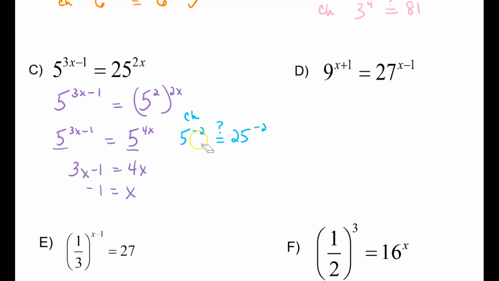Not negative 2. Negative 4. Thank you. So again, we would have 5 to the negative 4 on that side. 25 restated would be 5 squared to the negative 2. And so again, those come out the same. So we are equal there.